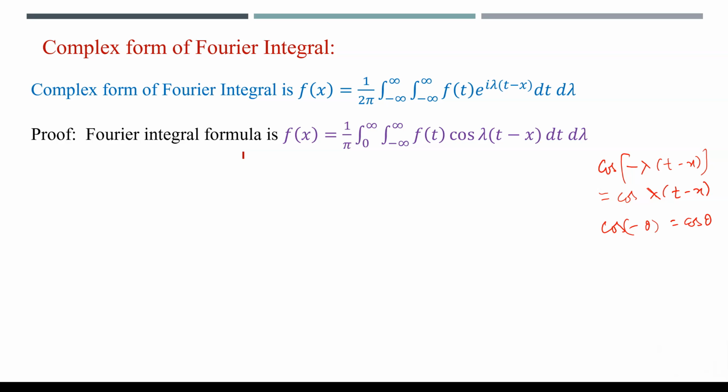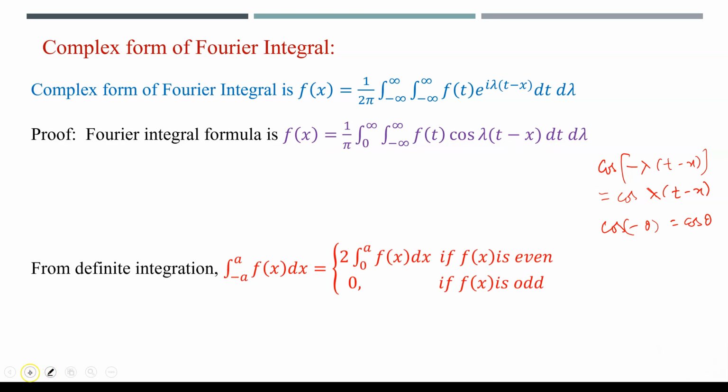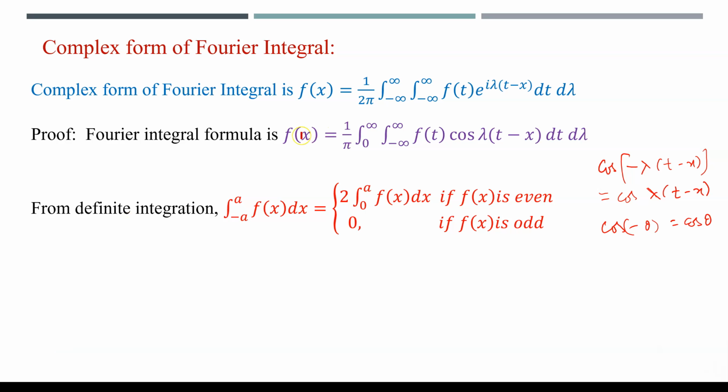So the Fourier integral formula is f(x) equal to 1 by pi, integral 0 to infinity, integral minus infinity to infinity, f of t cos lambda into (t minus x) dt d lambda. From this Fourier integral, we can derive the Fourier transform, but before that we use one definite integration formula.